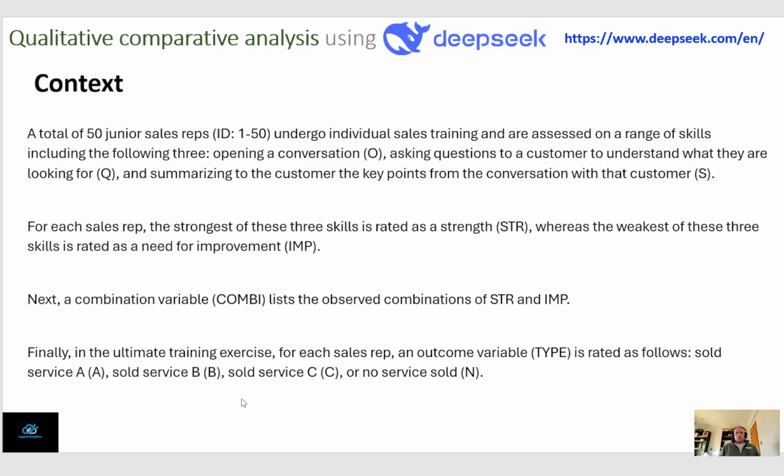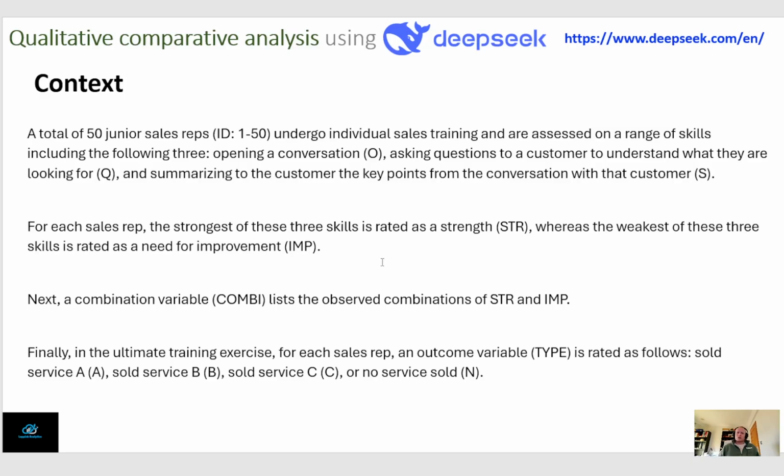For each sales rep, the strongest of these three skills is rated as a strength, STR, whereas the weakest of these three skills is rated as a need for improvement, IMP. So these are the variable names that we are going to use in a bit. Next, the combination variable, combi, lists the observed combinations of STR and IMP.